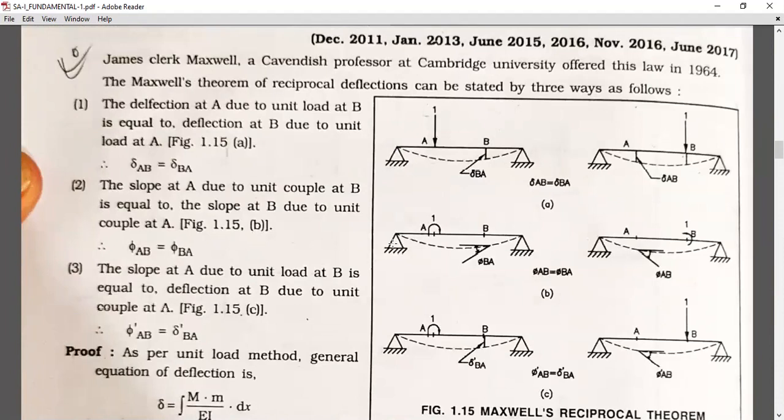The Maxwell theorem of reciprocal deflection can be stated in three ways as follows. First, the deflection at A due to unit load at B is equal to the deflection at B due to unit load at A. That is, delta BA is equal to delta AB.